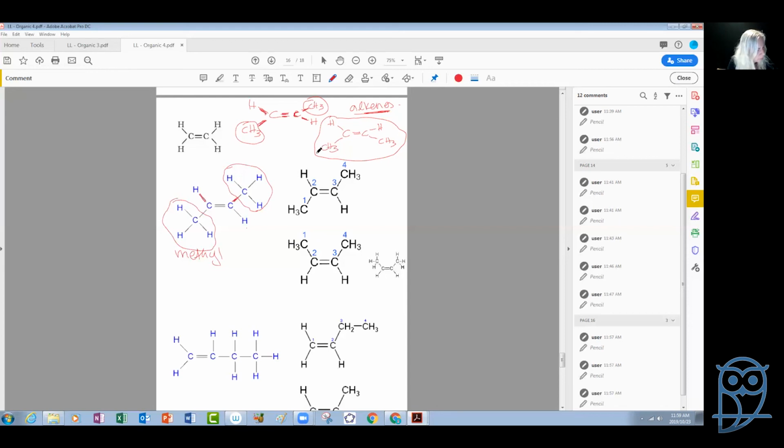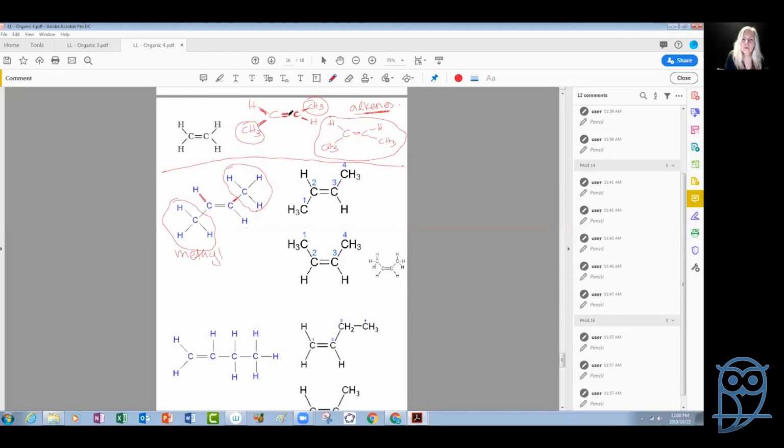Nevertheless, this way, I hope you can see that these two are isomers of a molecule with the same molecular formula. And actually, these two cases are shown here. I hope you can see that this molecule and this molecule are actually these two isomers that I have drawn up there.